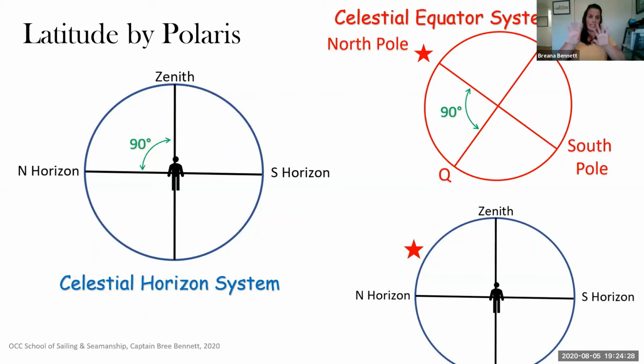Before I move to the next slide, as we're looking at the systems individually, note that from zenith to the horizon is 90 degrees. From the North Pole to the equator is 90 degrees. So we're going to use that perpendicular relationship between the North Pole and the equator, and the north horizon and zenith, to our advantage to calculate latitude by Polaris.